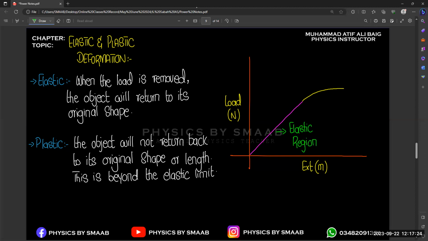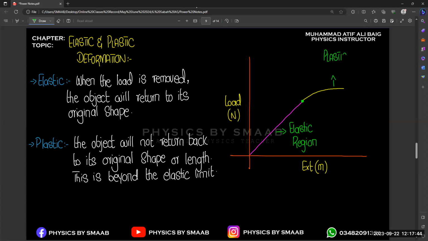And what does the yellow one show? Yes, and after the limit of proportionality, because this is the point where we reach our limit of proportionality, this region is known as the plastic region.